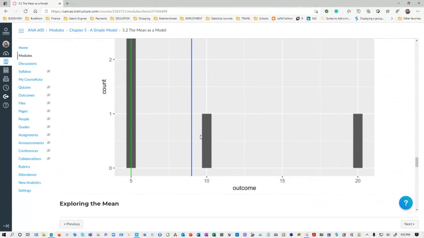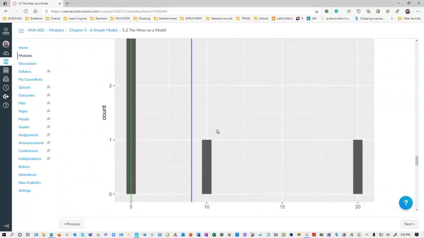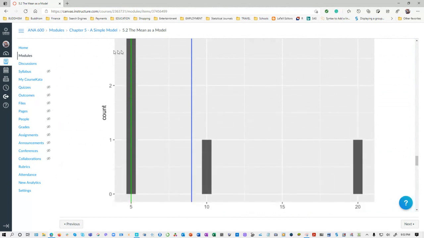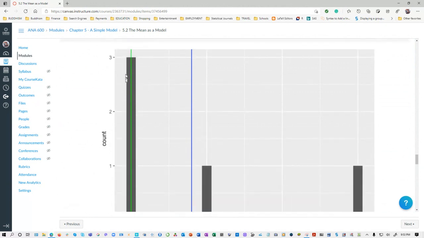Not the values, I'm saying how many. Location-wise, there are 2 above the median and 2 below the median, and one value sits at the median. These 2 will balance these 2.